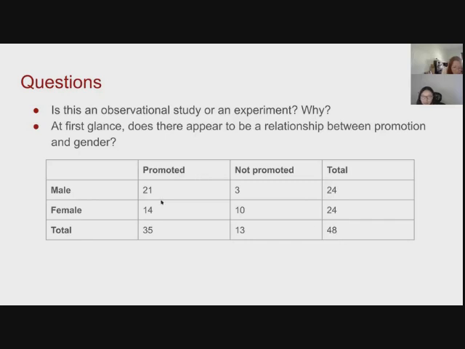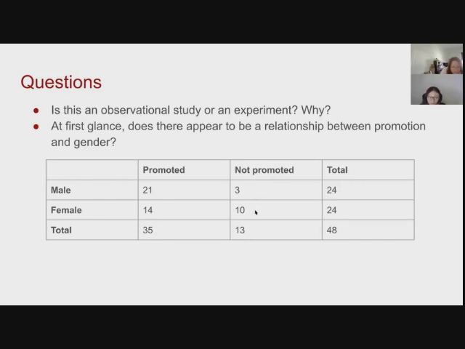Promoted, 35 in total, so not promoted, 13. The particular breakdown by gender is that 21 male got promoted, 14 female were promoted, oh sorry, let me take it back. 21 out of the 35 are male. Those are the promoted people. And then 14 out of that 35 were female. And the not promoted are 3 and 10.